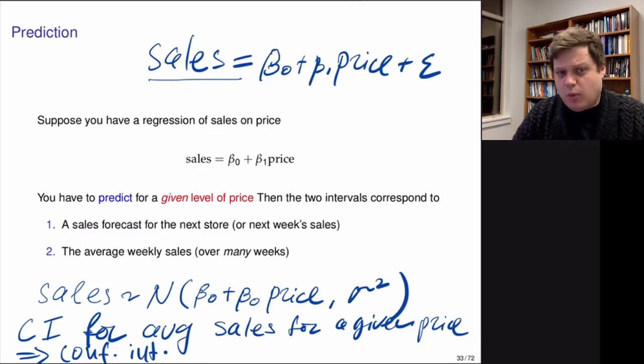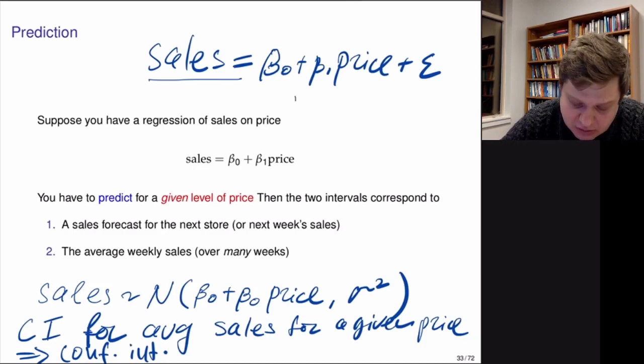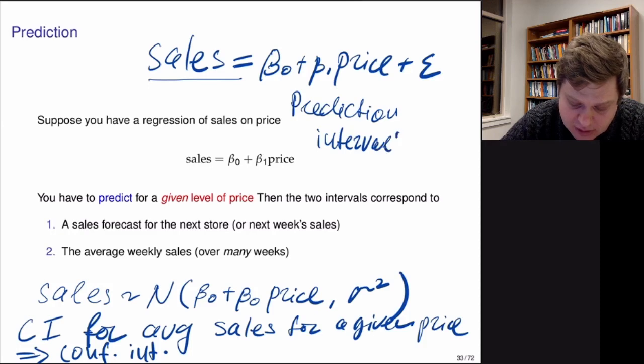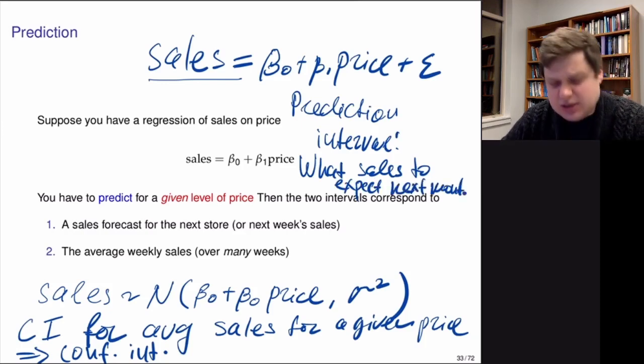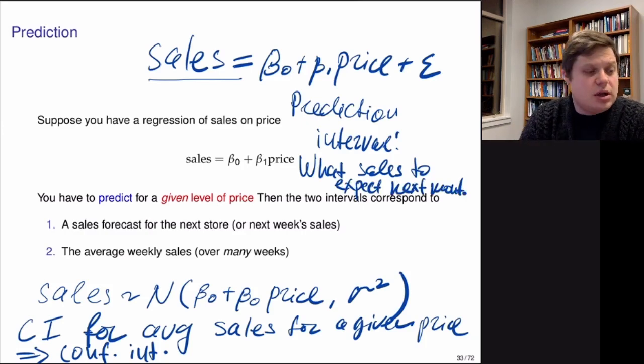Then this interval is going to be wider, and it is called the prediction interval. A prediction interval tells you what sales to expect next month. So it's basically a random draw from the distribution rather than trying to quantify the mean.